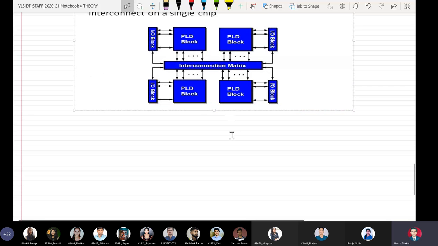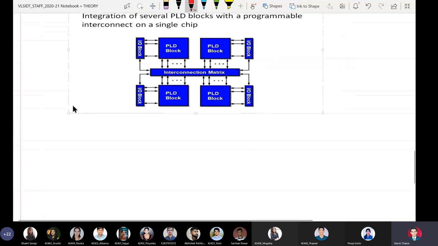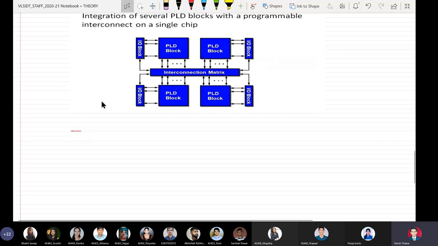When I flash, you will come to know. Okay, so we can actually write down here that any CPLD, whether it is basic or advanced, so we can make statements here.